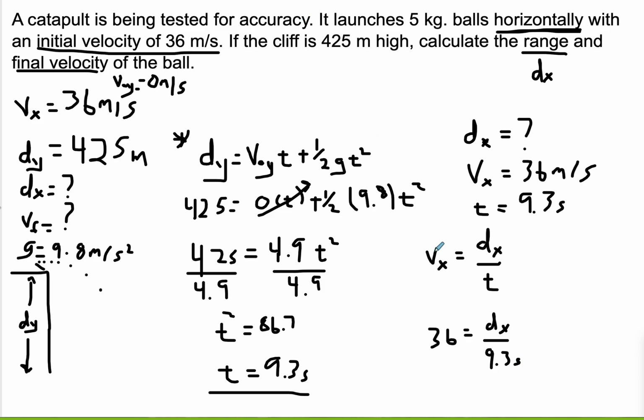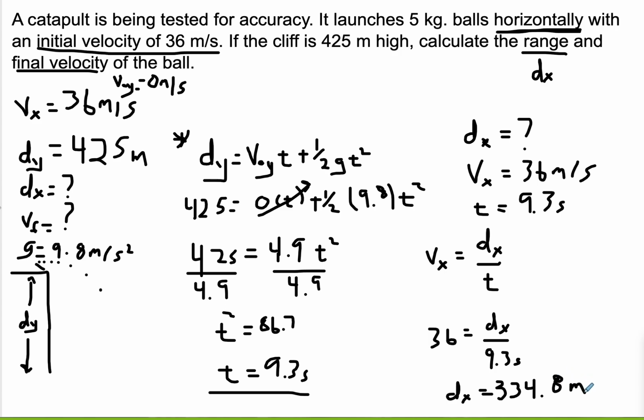Right now this is being divided, so you have to multiply both sides by 9.3. If I take 36 times 9.3, what would I get? 334.8 meters.